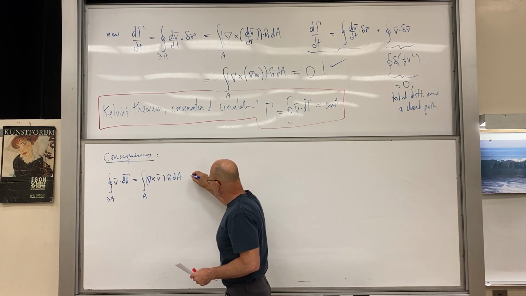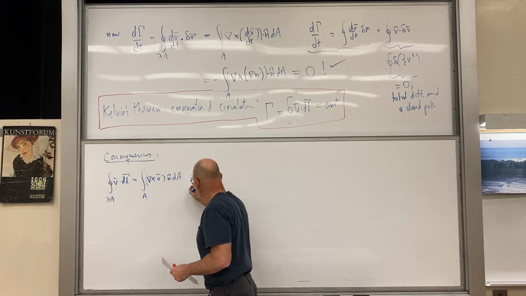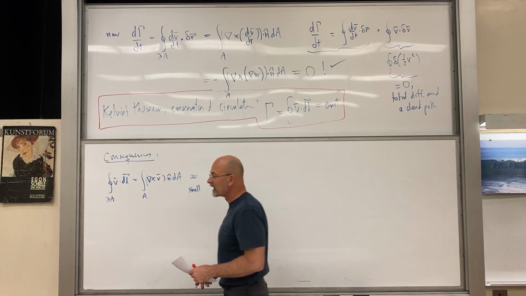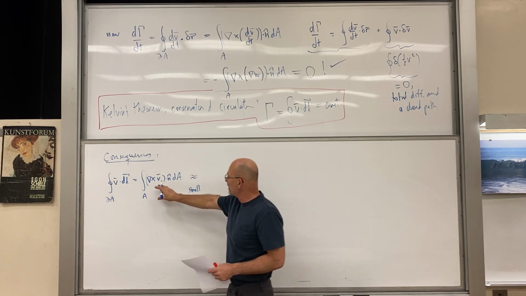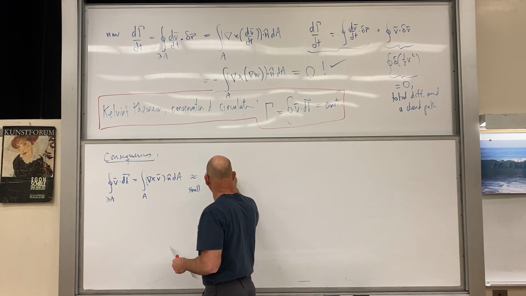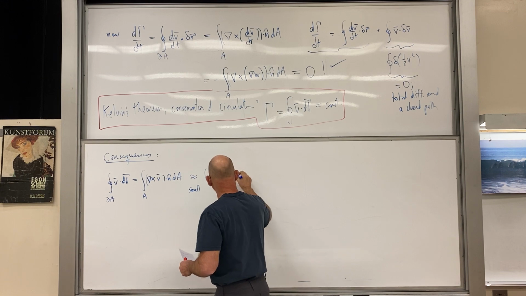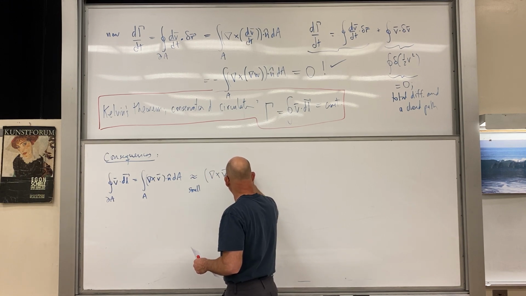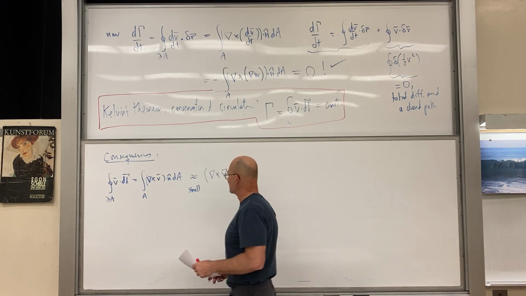Now for an infinitesimal element, so small, I'll just write small element, then we can just multiply a curl of V and a dA like that.